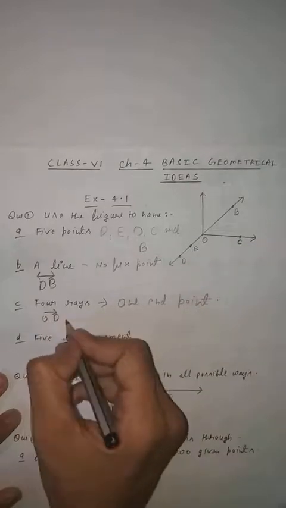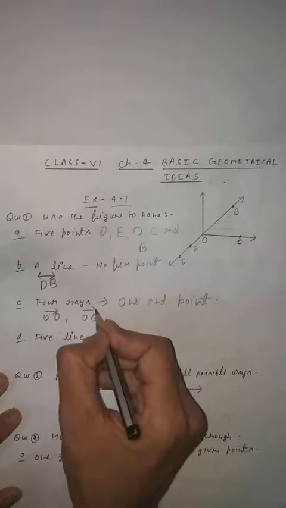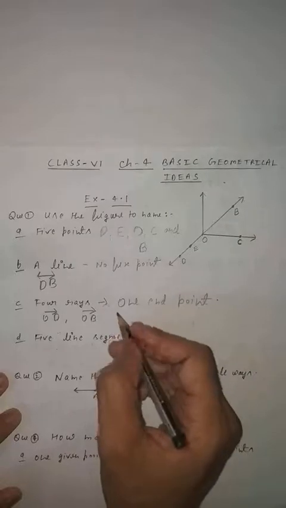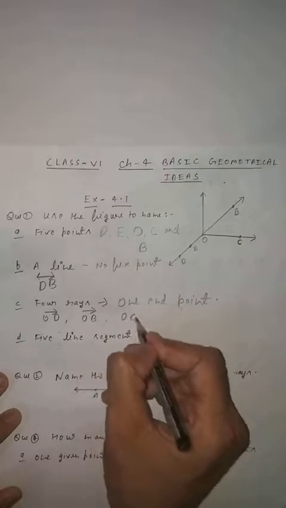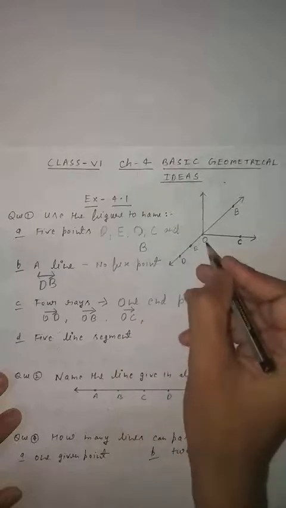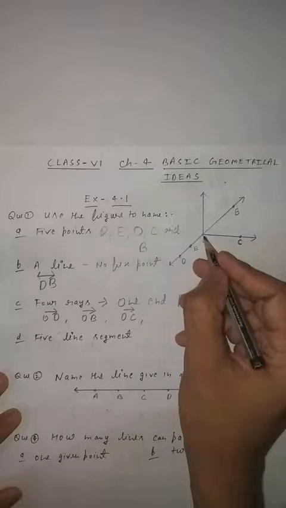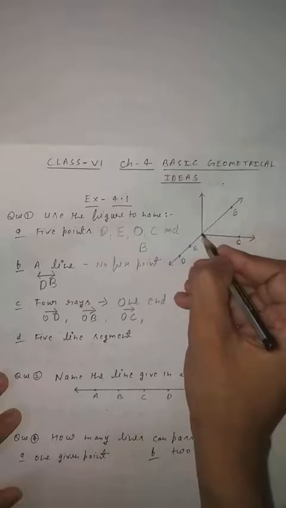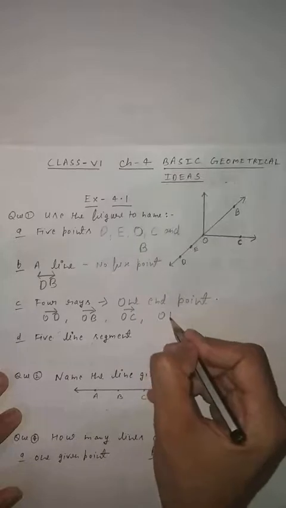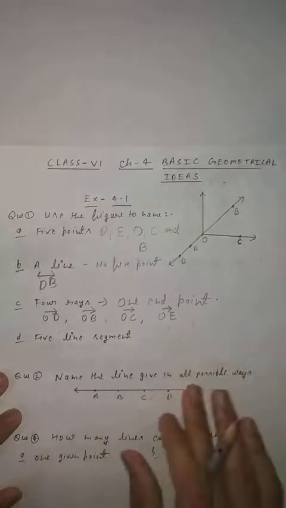Now what other can you write down? OB. In OB, O is fixed, B you can extend. Similarly, OC you can write down. Another you can write down is OE, because O is fixed. Here you can see O is fixed and E is not fixed. Others also you can write down. You will find out yourself.